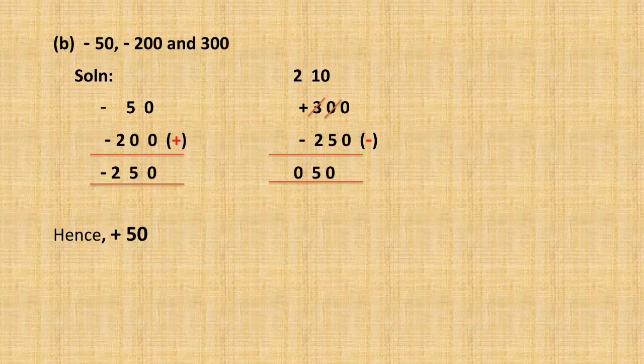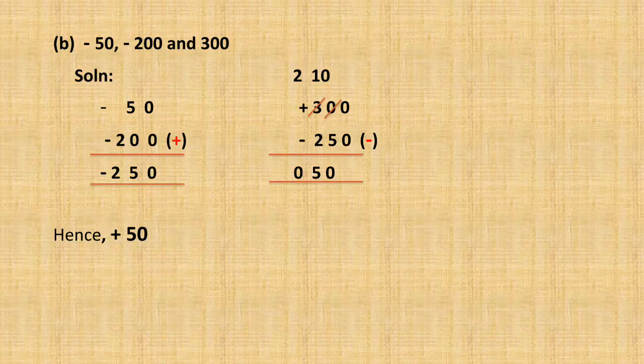Follow the same step. Adding 50 plus 200, we will get 250. Denote the negative sign. When you are having two positive integers, you can add like that. When you are having two negative integers, you want to add them, then denote the negative sign.